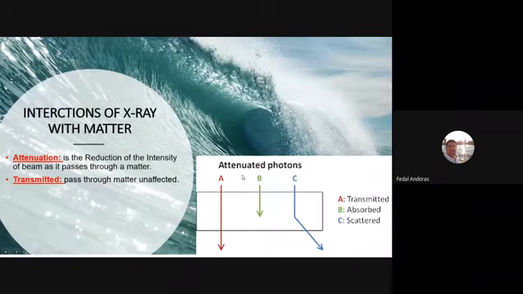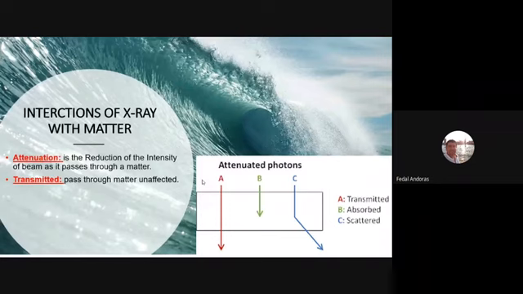It exits as it entered. It hits the matter, makes no change, just going out. And some of these will not hit the matter, going beside it. Both of these are called transmitted, okay? Either hitting the matter and going out without change, or going beside it.